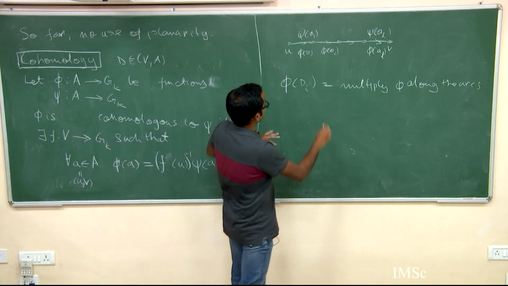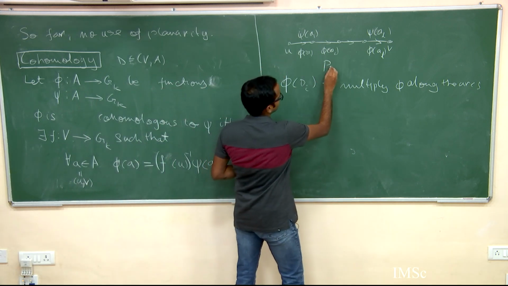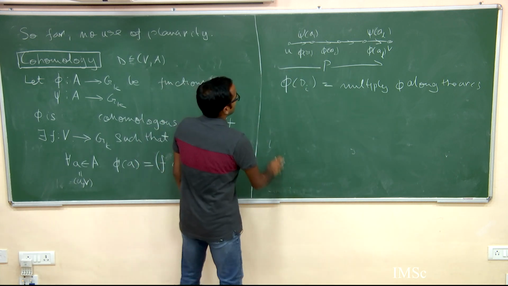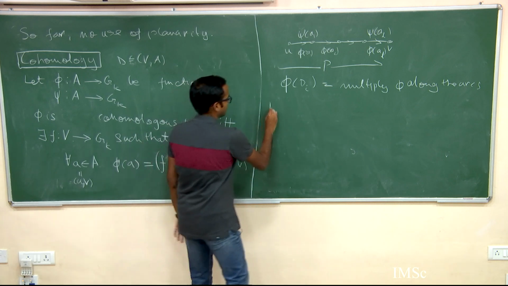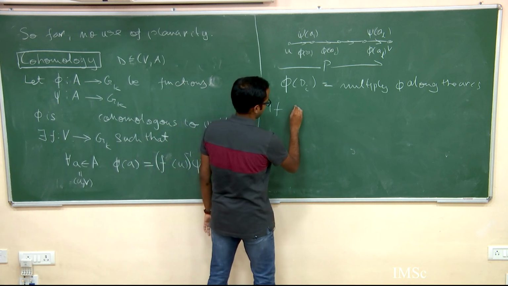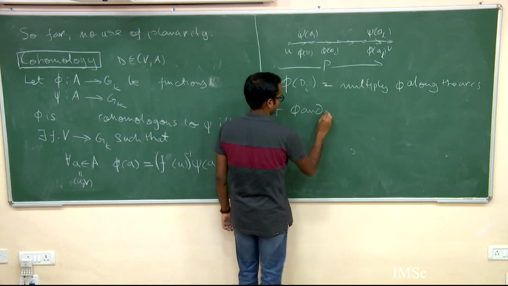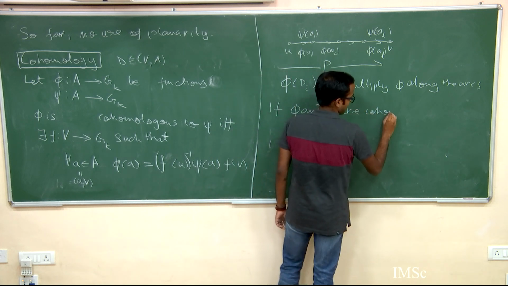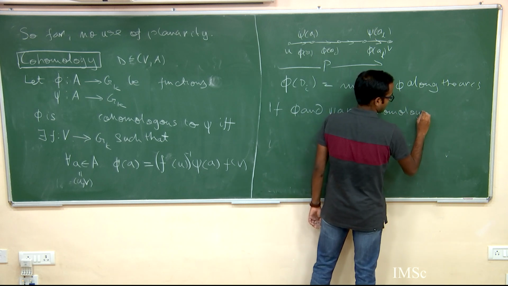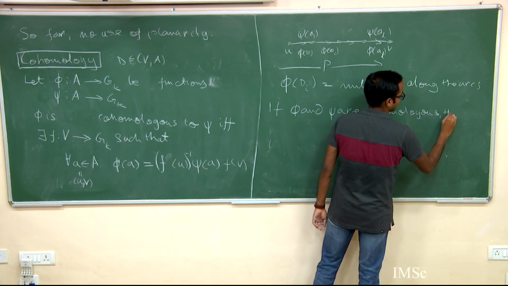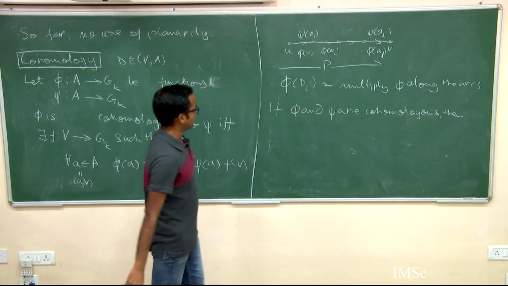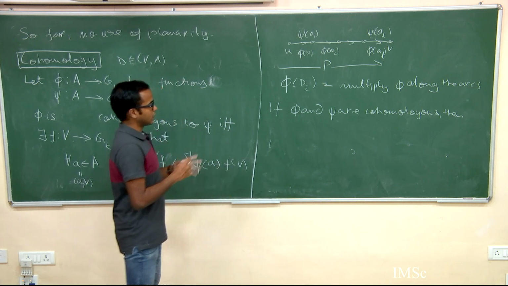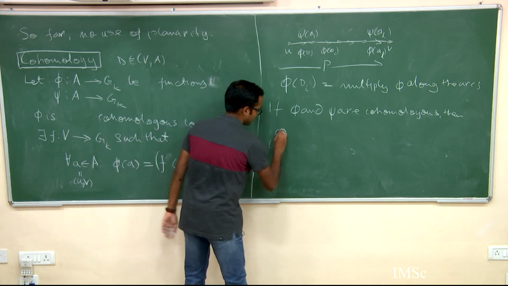So suppose P is a uv path, okay, P is this path, and if psi and phi are cohomologous, then this happens.